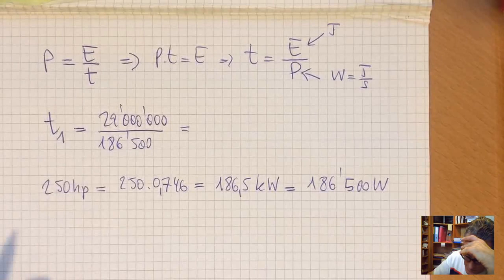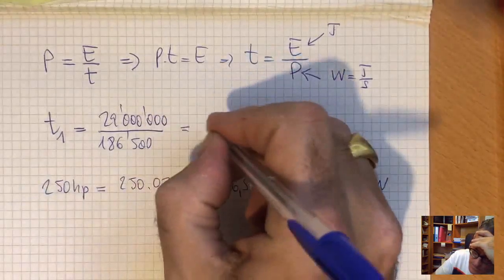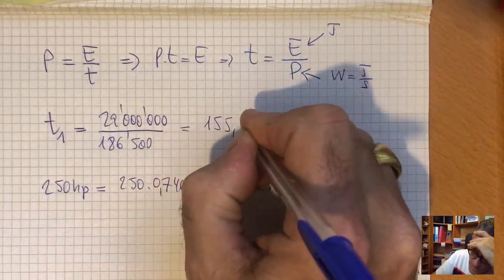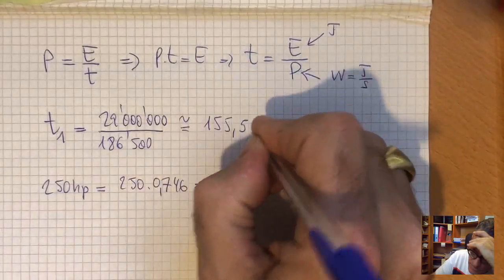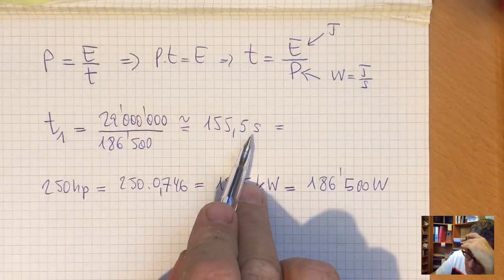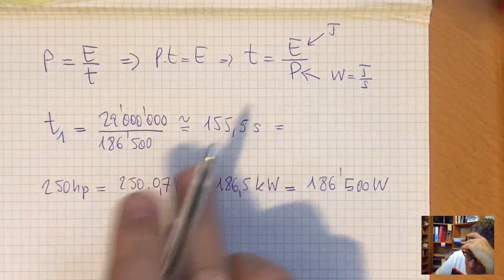So 29 million divided by 186,500 gives me approximately 155.5 seconds. Be careful, it's seconds, because the natural unit for time is seconds.